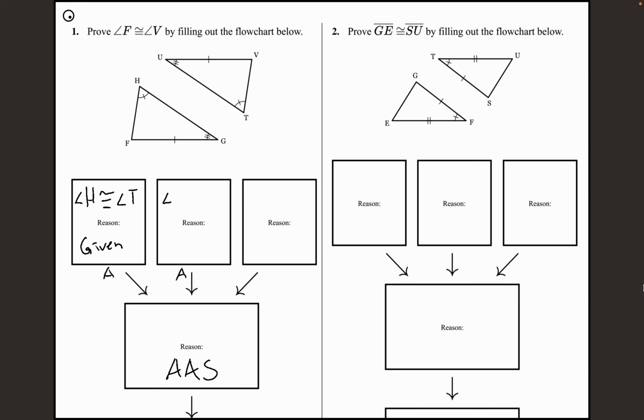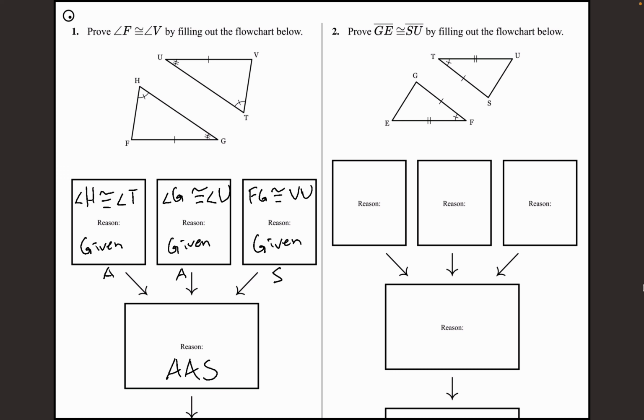No. Angle G and angle U. And this is given. Where are you getting F and F? But those angles aren't shown congruent. Now, what's our last one? It has to stand for our side. So what do we put here? Yeah. FG is congruent to VU. And this is also given.